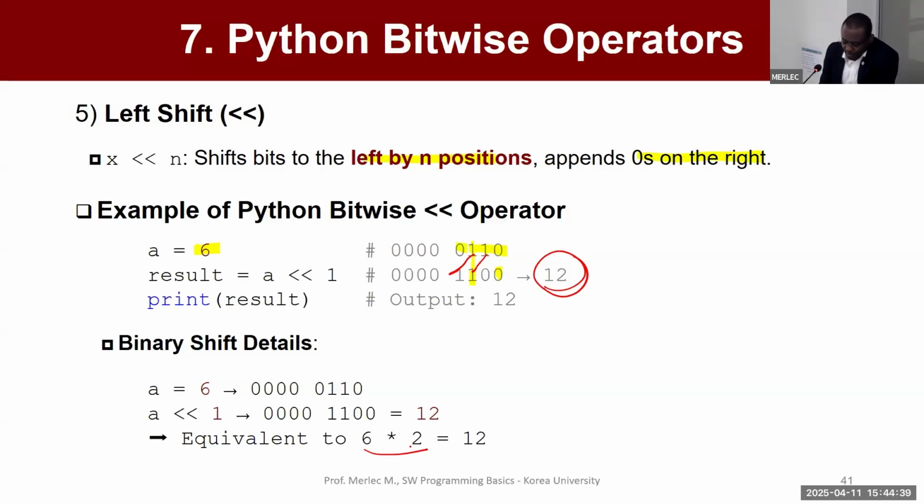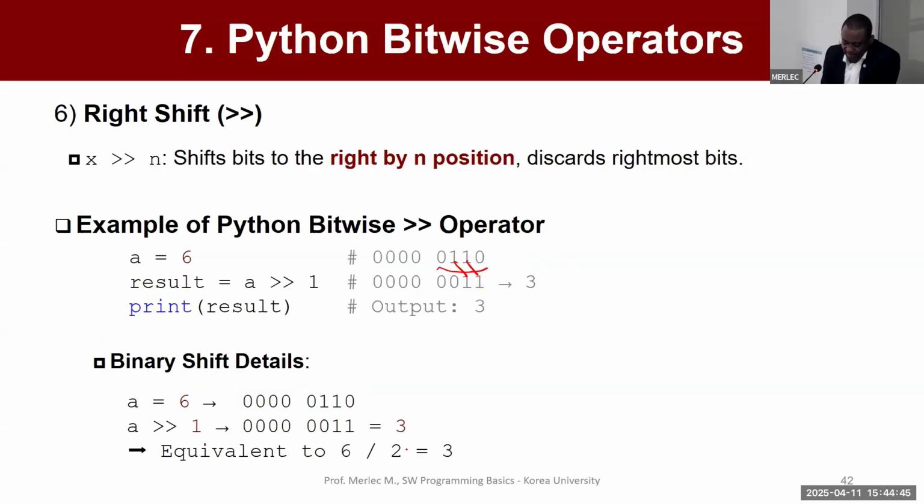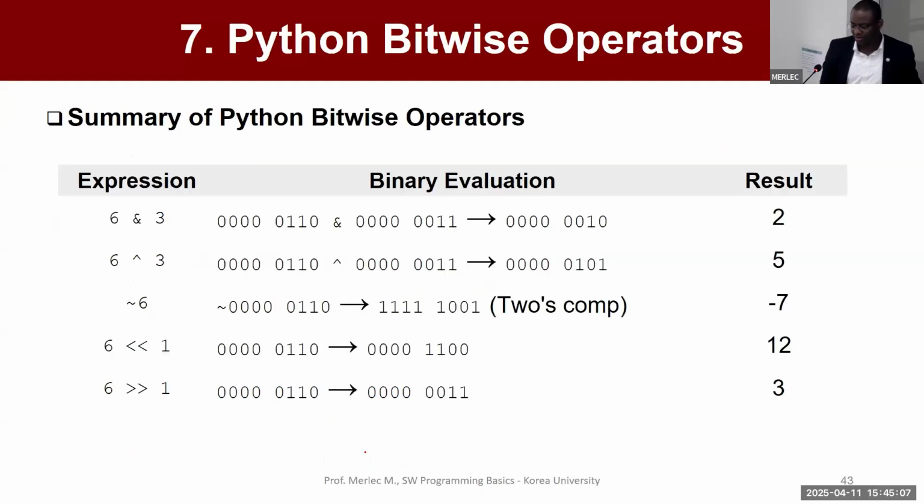Okay, you have 6, that should be multiplied by 2. 2 is the base, and then for right shift, you take the number and divide by 2. This is how you can calculate the right and left shift in decimal. Just divide by 2 for right shift, and multiply by 2 for left shift. This is the simplest way to address such kind of issues.